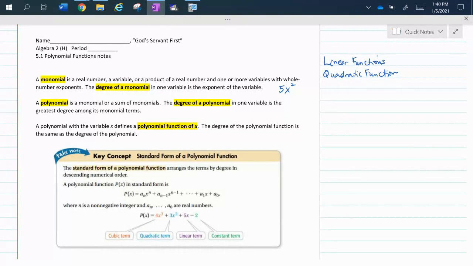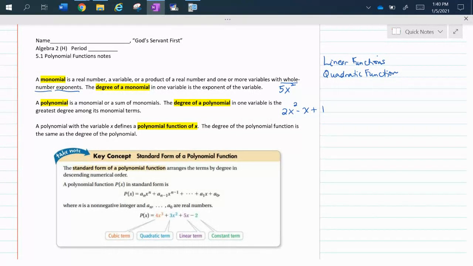So if we take a bunch of monomials and we add them all together or subtract, then we get what's called a polynomial. An example would be 2x squared minus x plus 1. That would be a polynomial. Notice whole number exponents. Let's make sure we underline that up here. Whole number exponents.